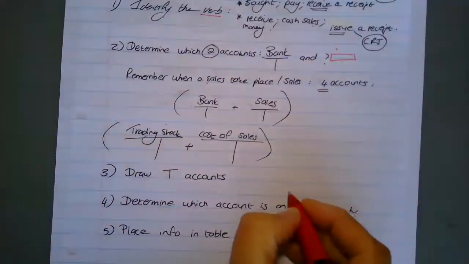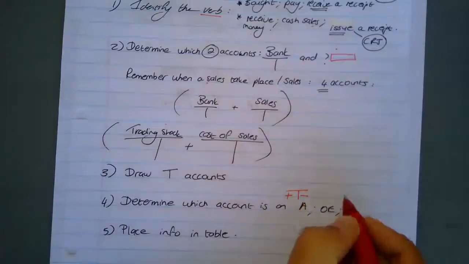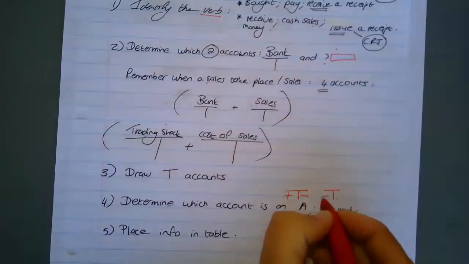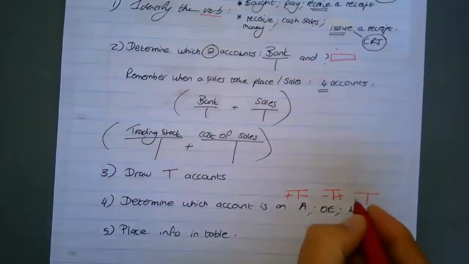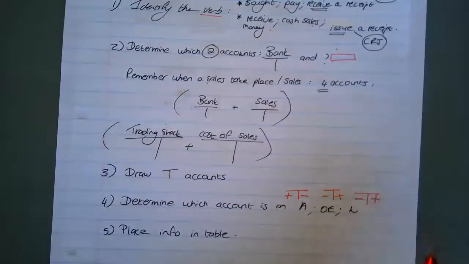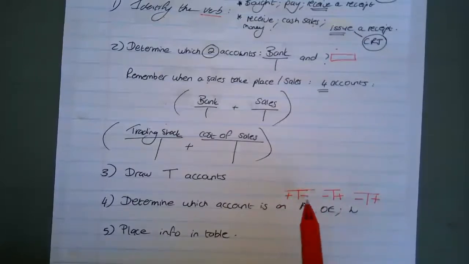As you know, your assets is debit plus, credit minus. Your owner's equity is debit minus, credit plus. Your liabilities is debit minus, credit plus. So, what do I mean with that? In accounting, you need to know the general ledger, that it consists of a debit side and a credit side.